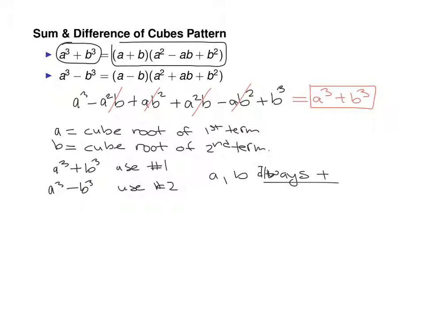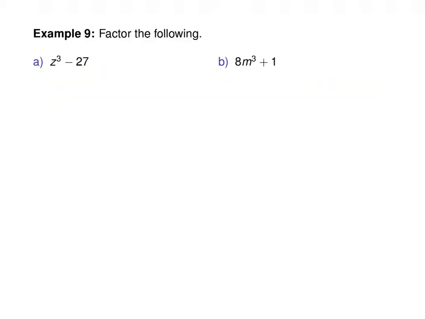The plus or minus sign between them just tells you which formula to use. So let's do an example. So here we have z cubed minus 27. So a will equal z, and b will equal 3. Notice 3 is the cube root of 27, and z is the cube root of z cubed.